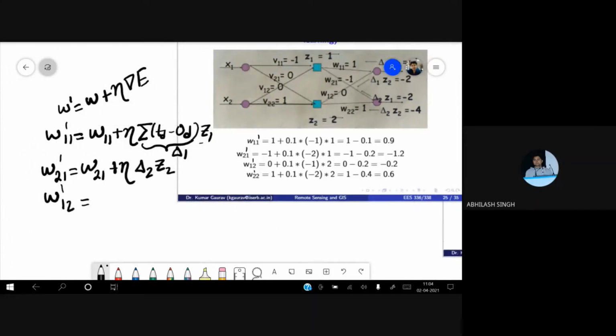W12 will be the initial W12 plus eta delta 1 Z2. And similarly, for W22 it is the initial weight plus eta delta 2 Z2.